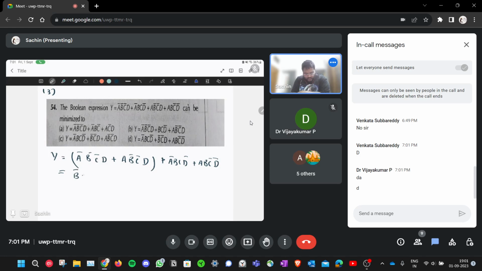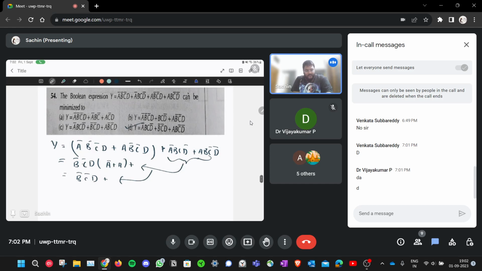You'll get B bar, C bar, D into A bar plus A, plus whatever this thing will be copied. This is nothing but B bar, C bar, D plus this thing. So it's option D. Yeah, it's option D.